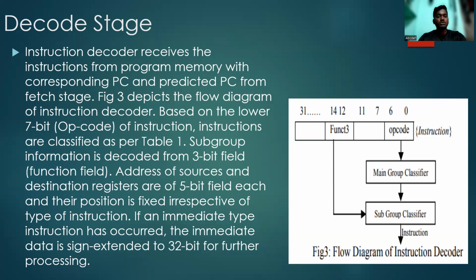Subgroup information is decoded from a 3-bit field. Address of source and destination registers are 5-bit fields each, and their position is fixed irrespective of the type of instruction. If an immediate type of instruction has occurred, the immediate data is sign extended to 32 bits for further processing.